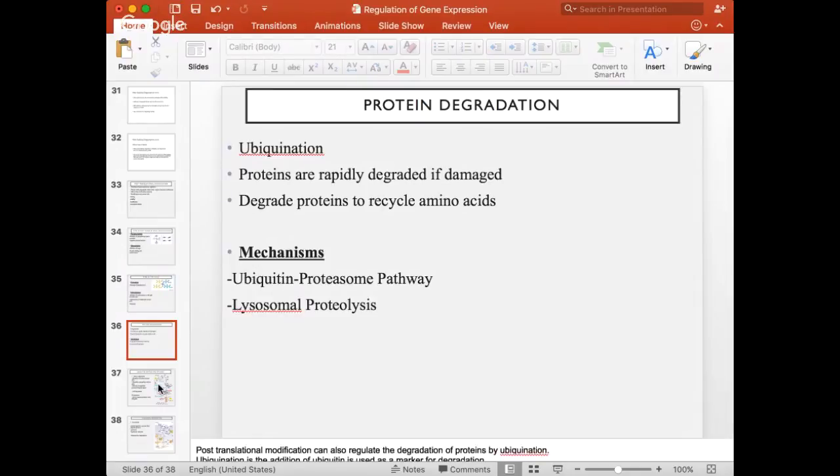The amino acids are also recycled so they can be used to build a new functional protein that is needed. The two main mechanisms for protein degradation are the ubiquitin-proteasome pathway and the lysosome proteolysis pathway.